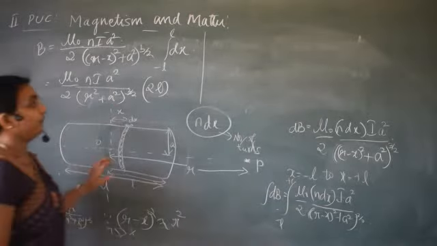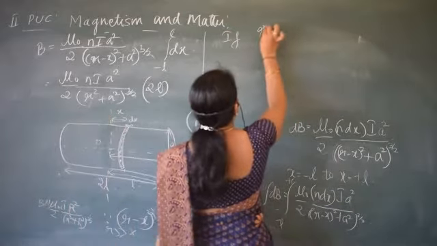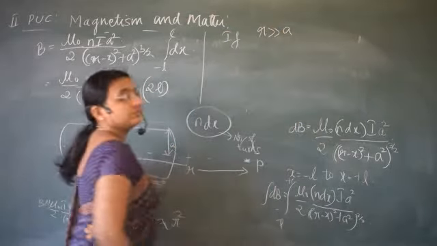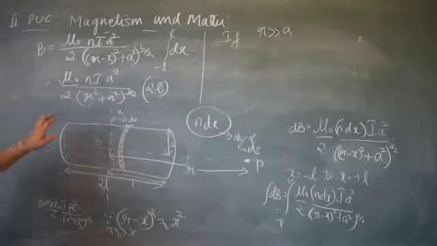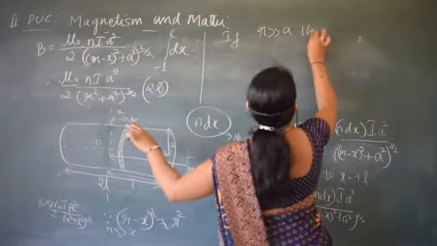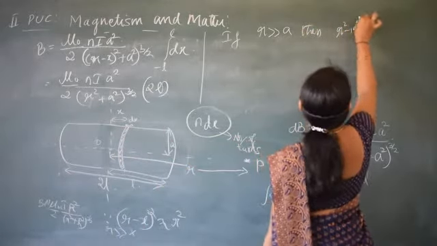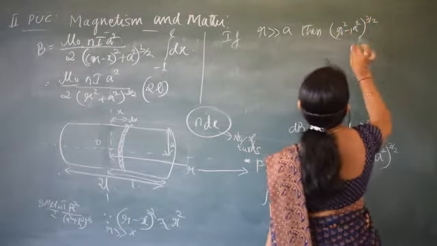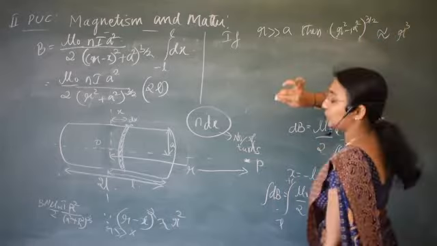Now suppose r is also greater than a, then we can write r square plus a square to the power 3 by 2 is approximately equal to r cube.